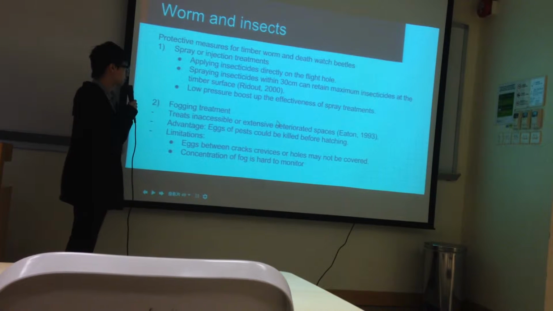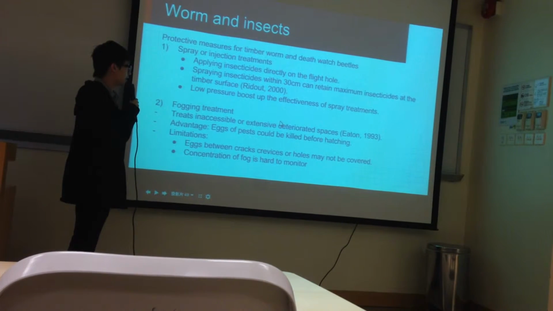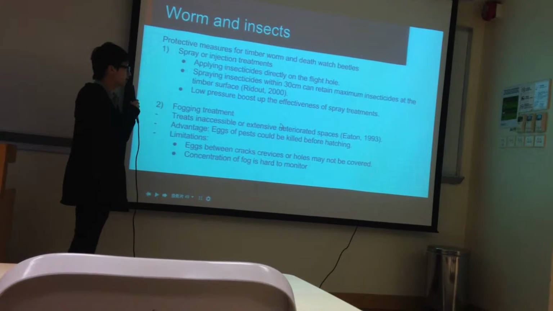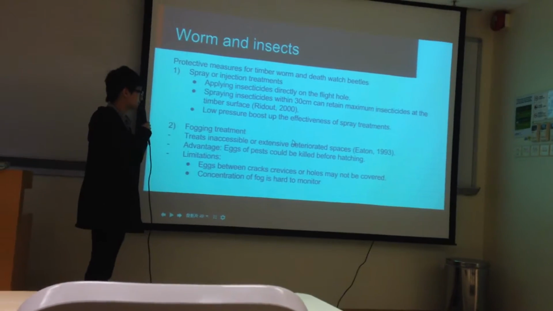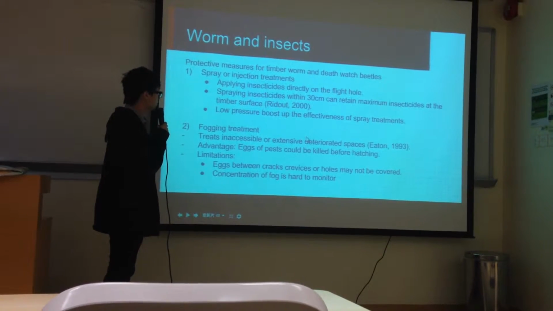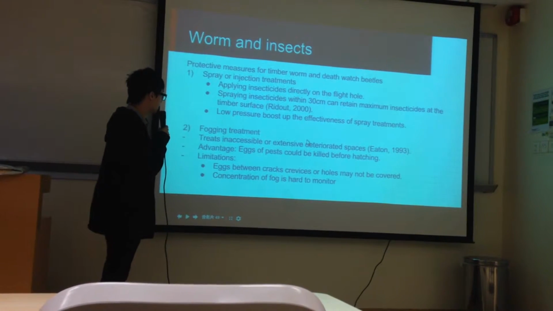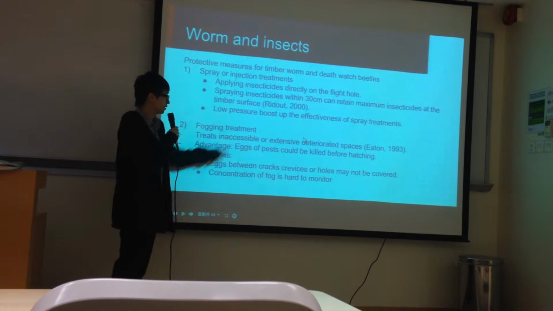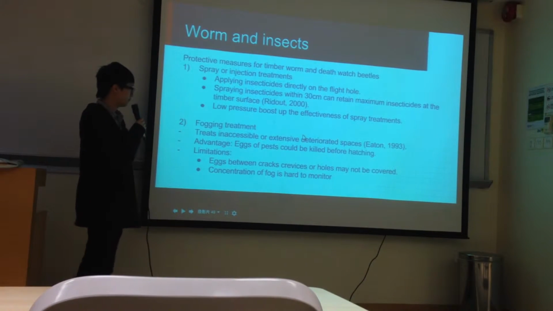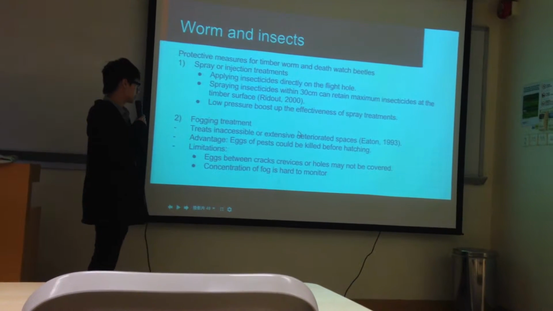Secondly is the fogging treatment. Apart from using spray treatment, there will be some blind spots that spray treatment cannot treat, especially those inaccessible and extensively deteriorated spaces. Therefore, fogging treatment is introduced.